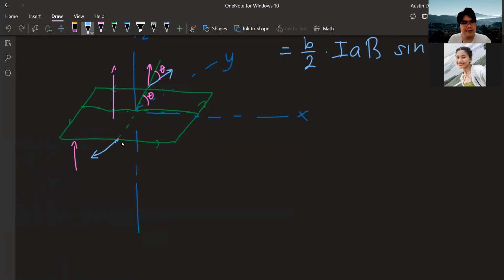Pag ganun yung force ko, pag ganun yung radius, and then theta. Okay, sa baba naman, similarly, ganun lang din. So this is just B over 2 again for the radius. The force is still the same, I A B, then sine theta.